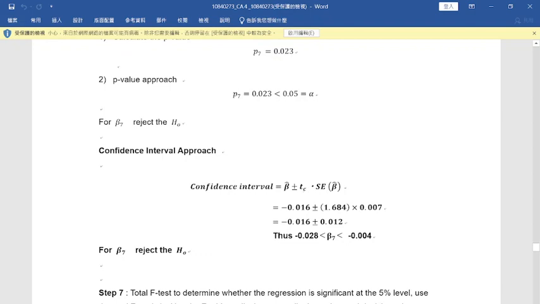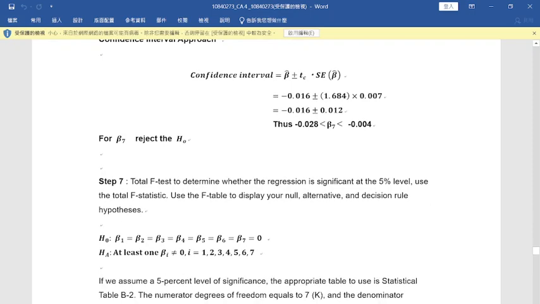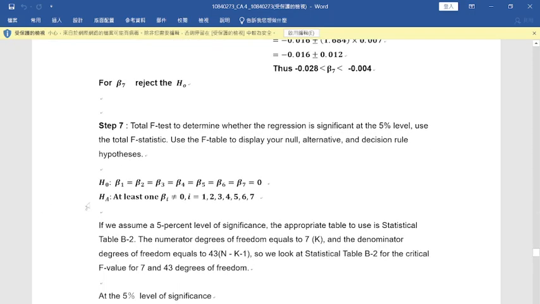Although the result is correct, the number is wrong. The relationship will be a different number, but we can reject the hypothesis.